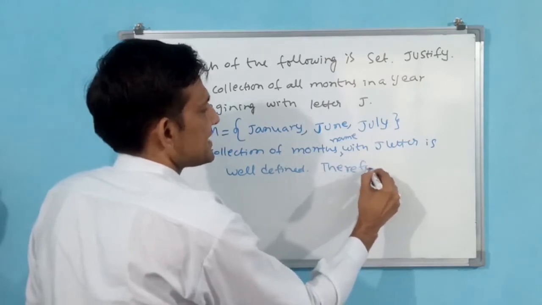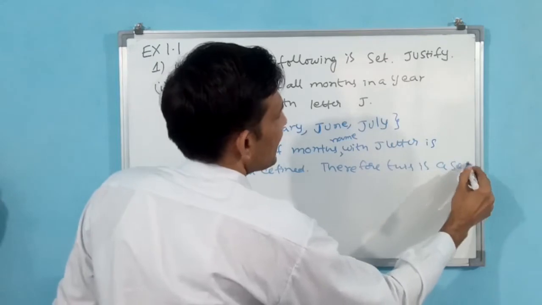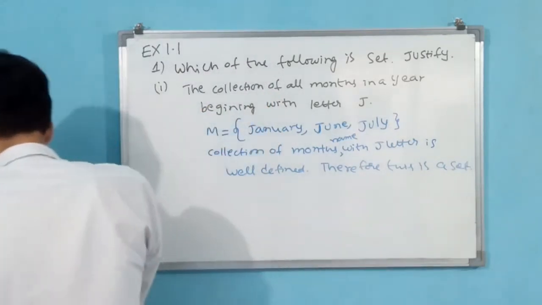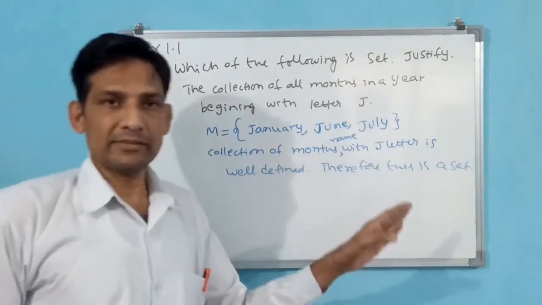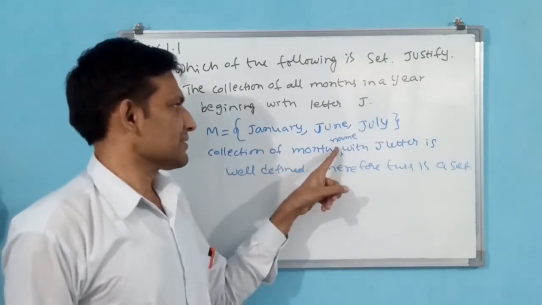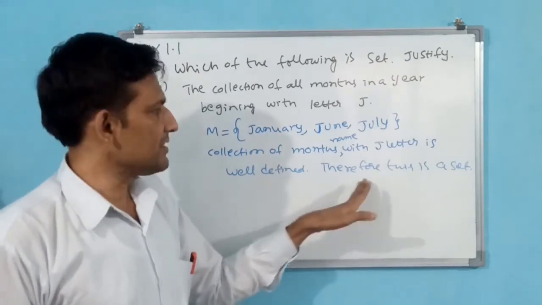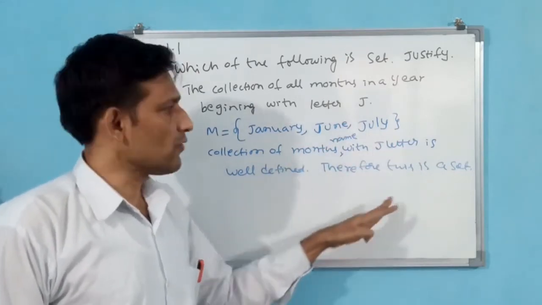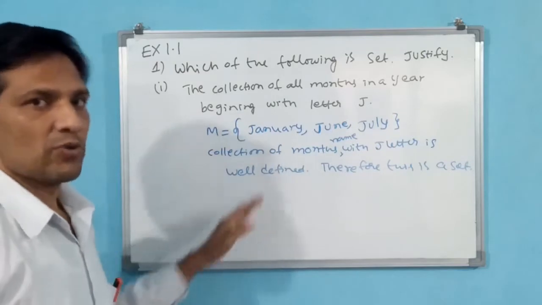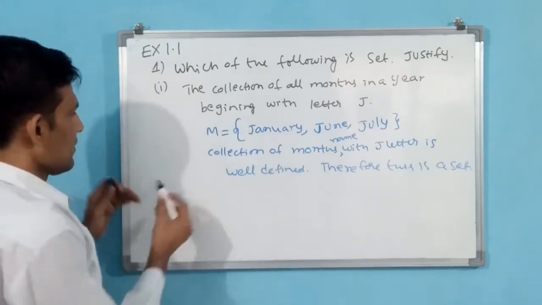Therefore, this is a set. You understand now? Collection of month names with J letter is well defined. That is why this is a set. Like that, you have to answer. Now the next part of question number 1.